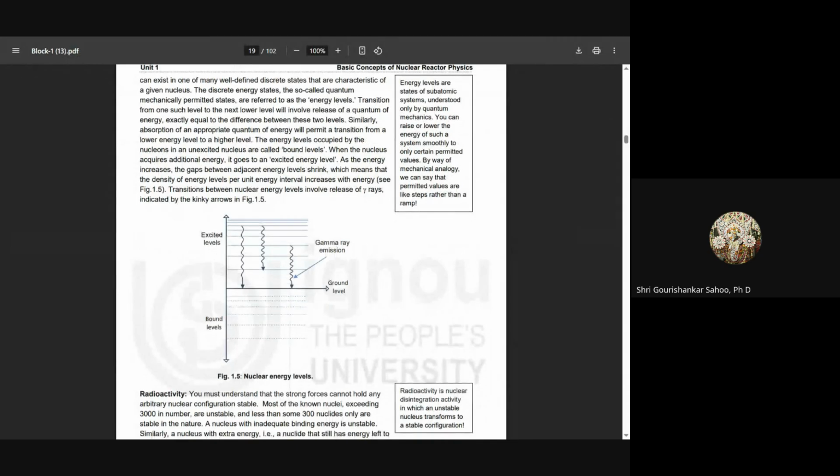You can see in the picture the nuclear energy levels: excited states and ground level. In case of a gamma ray emission, when it comes from an excited level to the ground level, the quantum of energy released will be the same as the energy difference between these two levels.